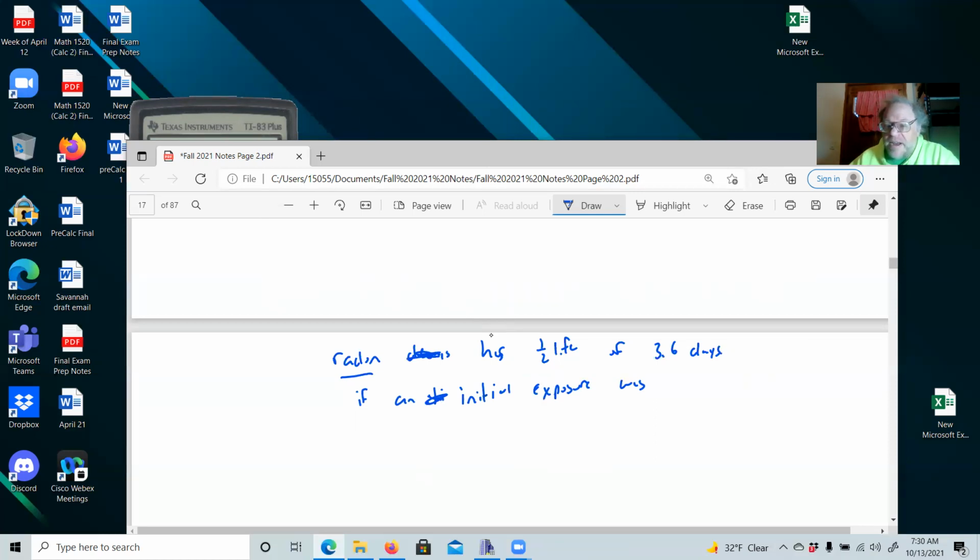But if we had say 5 micrograms, and I don't know how much radiation that would give. The initial exposure was 5 micrograms of radon. They don't even really measure it that way. They measure it in the radiation, which is going to be in becquerels. They also use curies, but becquerels is the SI unit.